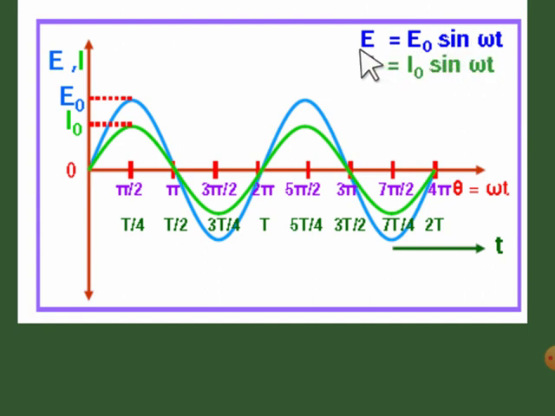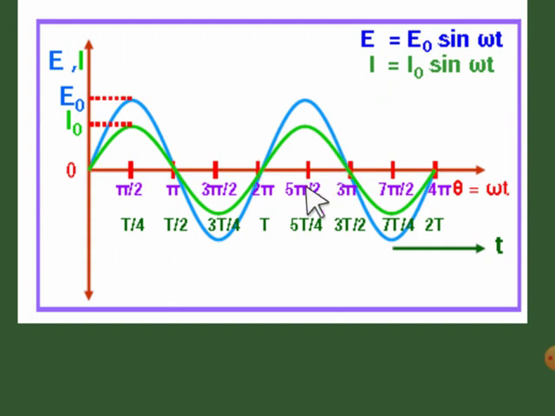This is the equation for the instantaneous sinusoidal EMF of the AC, and for the alternating current, I is equal to I naught sine omega t, where E naught and I naught are the maximum or peak values of AC EMF and AC current respectively, omega is the angular velocity, and t is the time at that instant for the instantaneous EMF and instantaneous current.